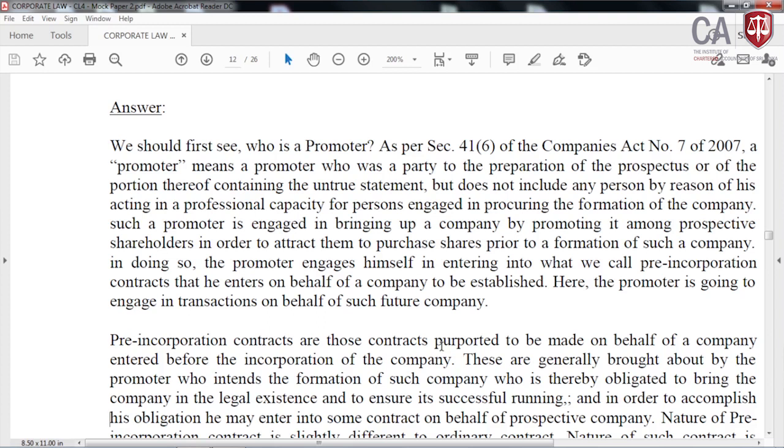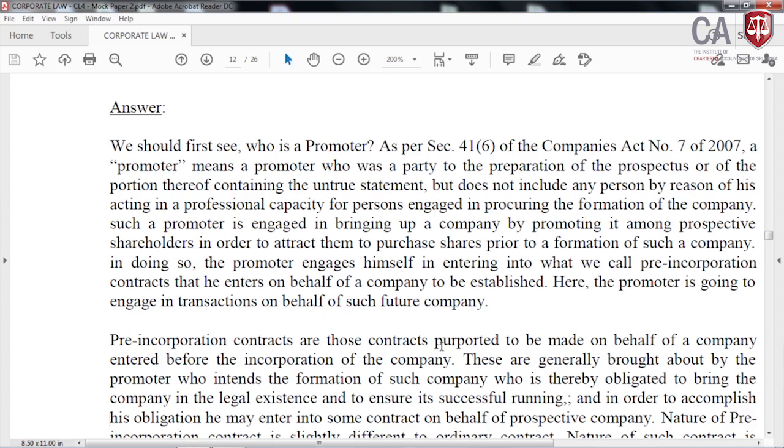As per section 41(6) of the Companies Act number 7 of 2007, a promoter means a promoter who was a party to the preparation of the prospectus, because at the time of making the prospectus, the promoter's intention is to make the company that is to come in the future attractive to the investors that he is seeking the investment from.